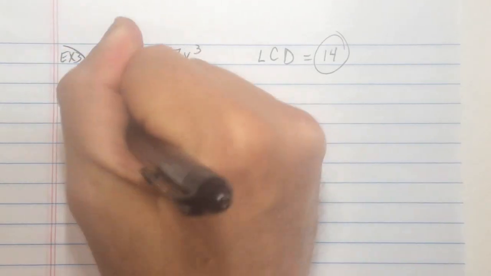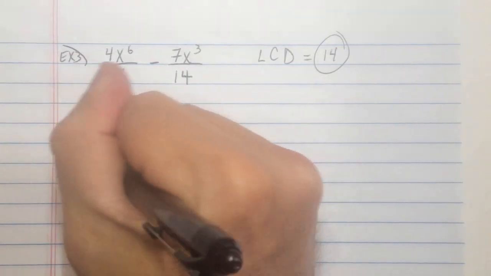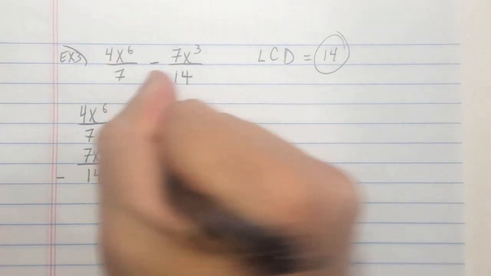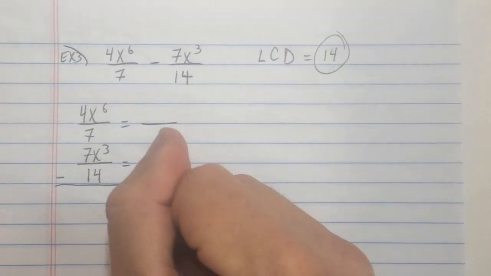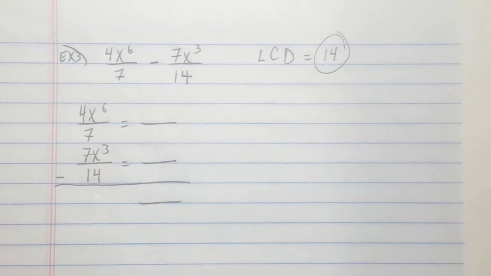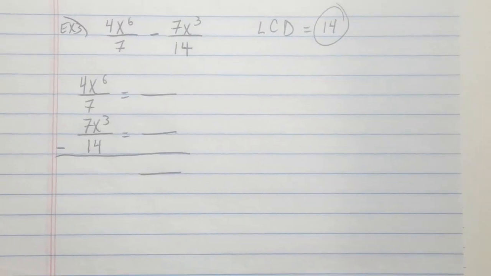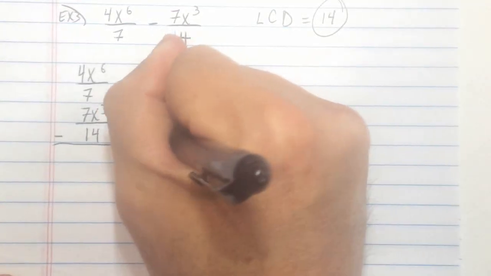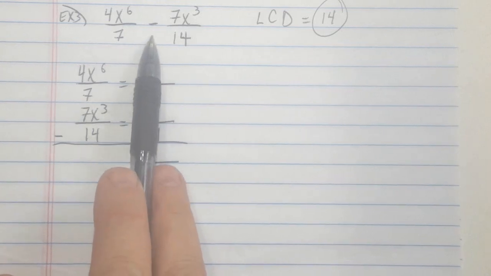Again, I like to do these vertically, so I'm going to rewrite them vertically. And what did we determine our LCD to be? 14. So we'll put that 14 in all three places. Before I go on, I want to remind you, this problem is a subtraction.